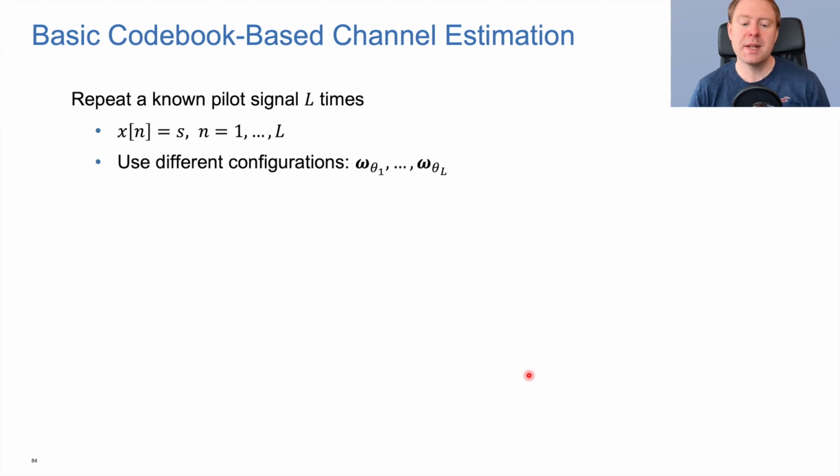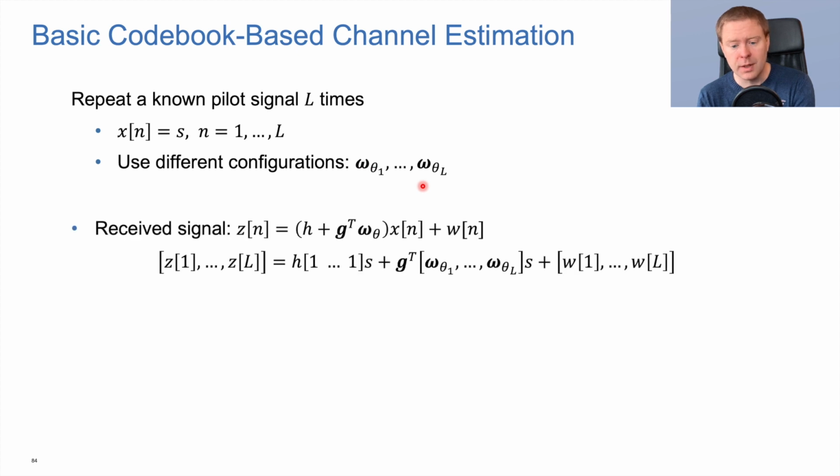Say that we are repeating the same pilot L times, and I call this pilot signal s to keep it simple, s as in signal, and every time I transmit it I use a different configuration. So omega with theta 1 up to theta L, these are my L different configurations. And remember, this is how I wrote the received signal.